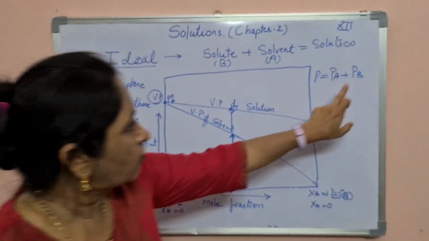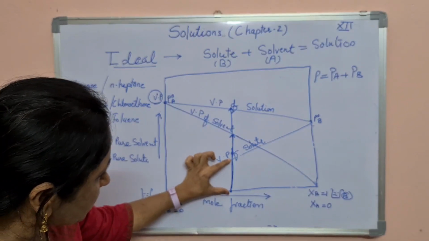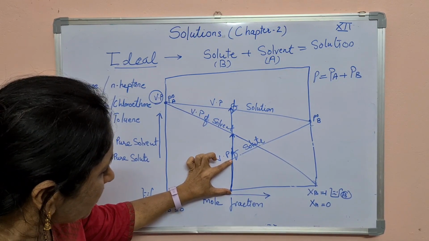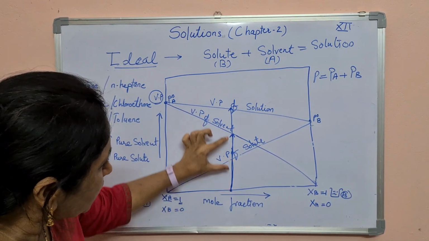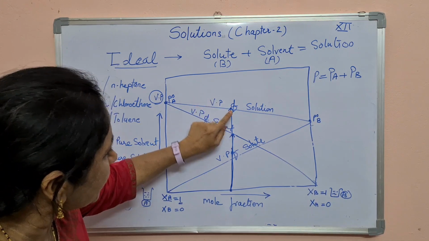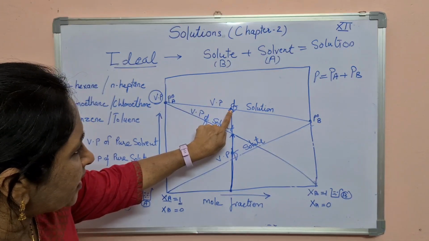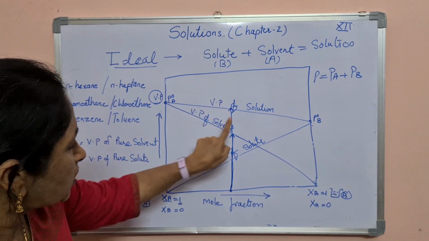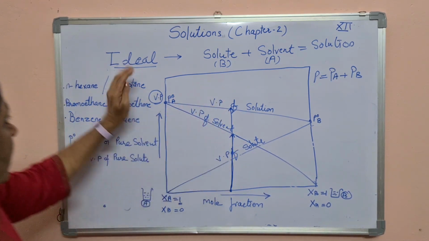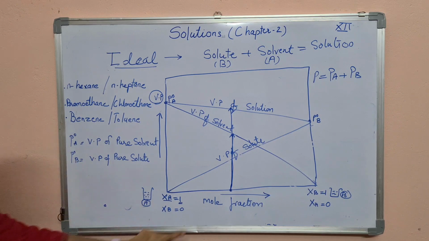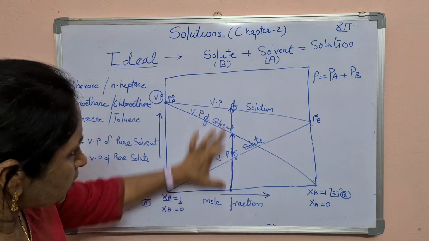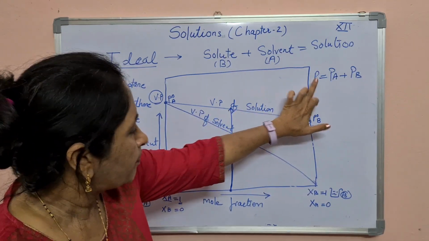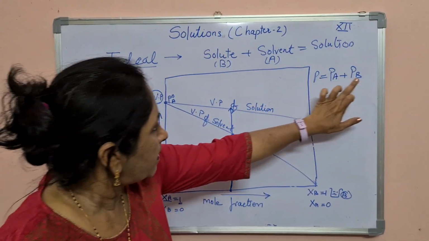Now to this I have to add PB, meaning this much. This is your PB. So this PB I am going to add here. See, PB is added. Exactly, you are getting the point here. It means that it obeys Raoult's law, and this is the graph for the ideal solution. Once again, this is the vapor pressure of the solution P, then it equals PA plus PB.